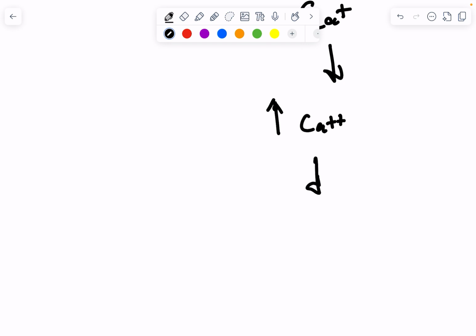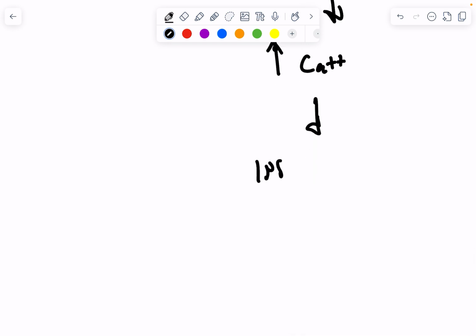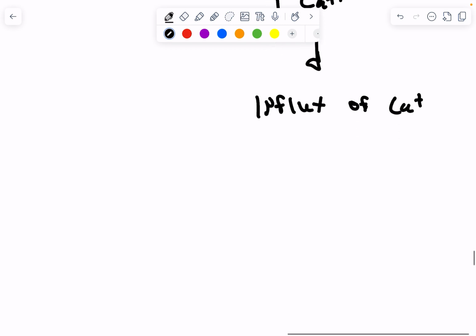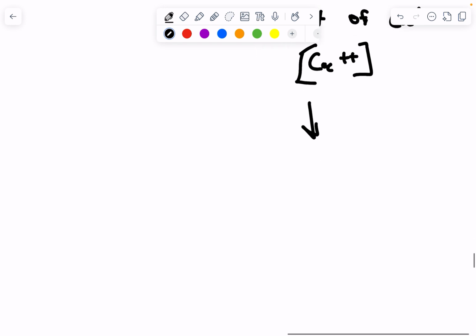Then there is an influx of calcium into the cell, and the concentration of calcium increases. Because there's an increase in intracellular calcium, the calcium-induced calcium release from the sarcoplasmic reticulum also increases, which increases contractility.